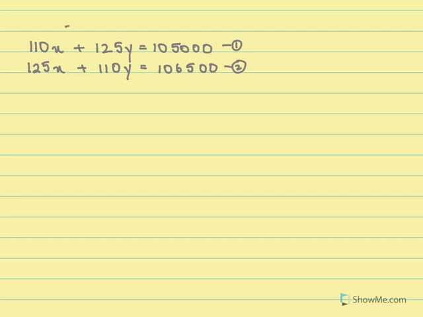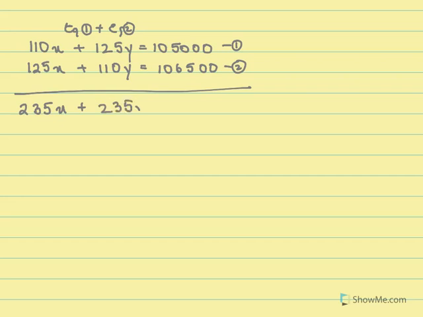Now I'm going to add both these. So I'm going to do equation 1 plus equation 2. And on adding both, I will get here 235x plus 235y equals, when you add this, you get 211,500.